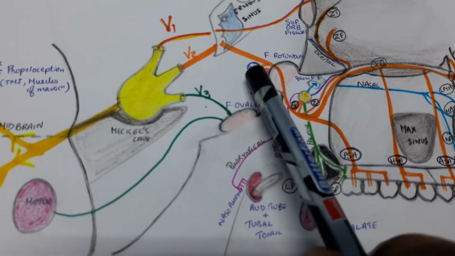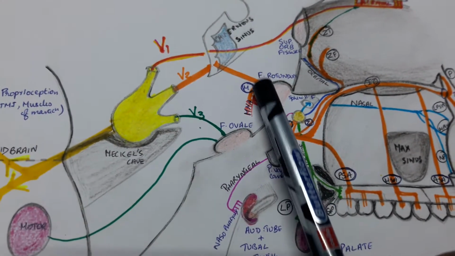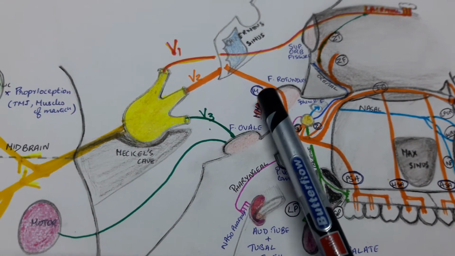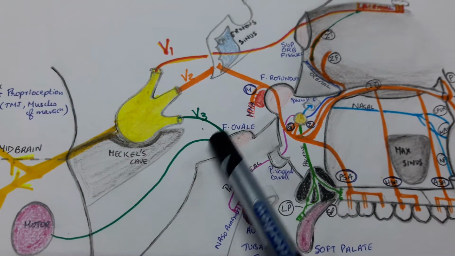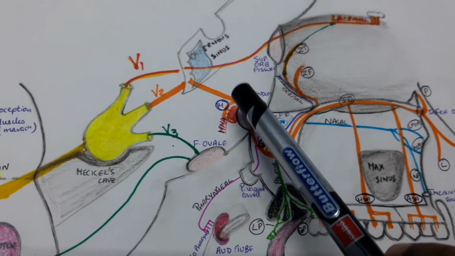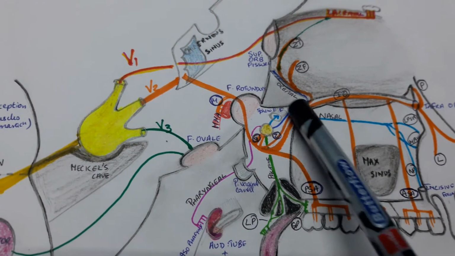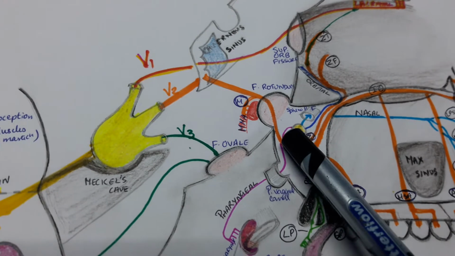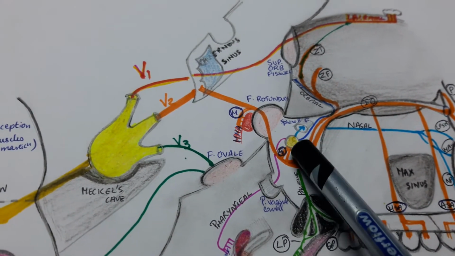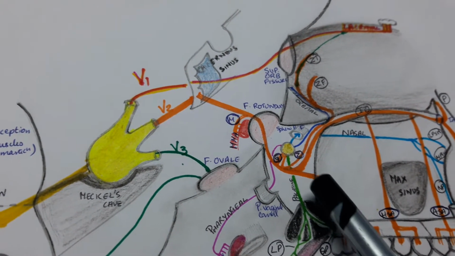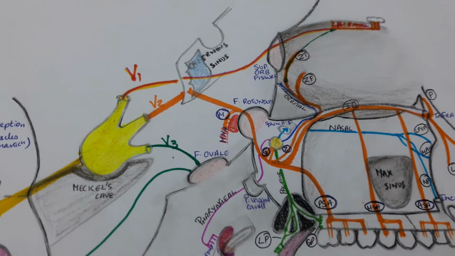So as you can see, it has exited out. Before exiting, it gave a meningeal branch that will supply the dura mater of the cranial base. Now that it has exited out, within the pterygopalatine fossa it has three branches. What are they? We have the ganglionic branches, the zygomatic branch and the posterosuperior alveolar.